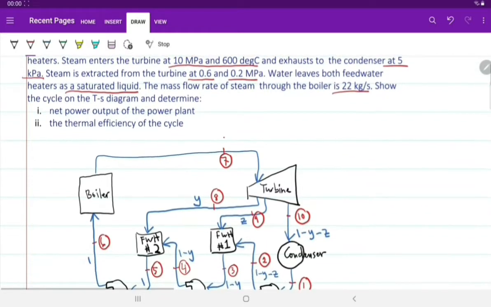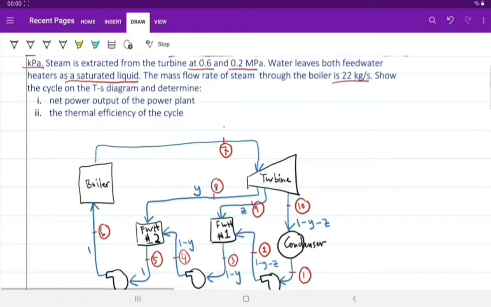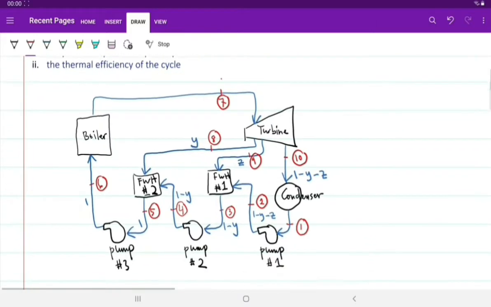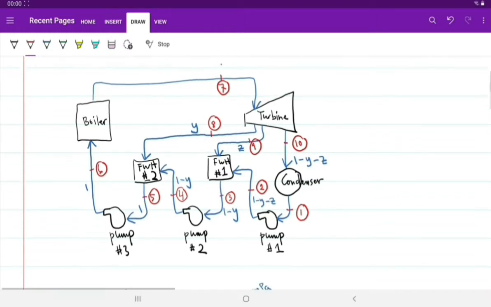Show the cycle on the TS diagram and determine the net power output and the thermal efficiency. So the schematic diagram for the system is as shown in the figure here.